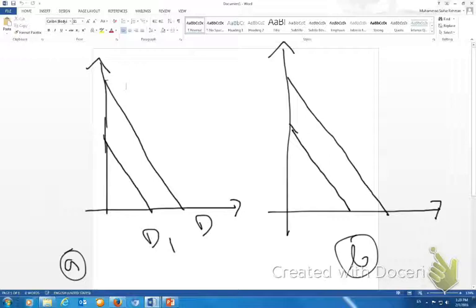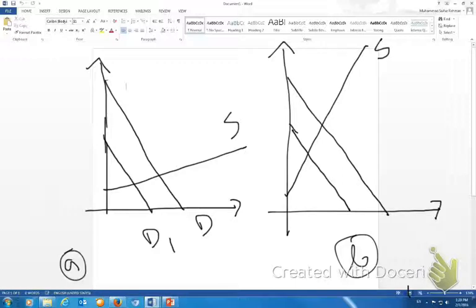In the first case, we are going to assume the supply curve to be very elastic. So this is my supply curve, and in case number 2, we are going to assume my supply curve to be very inelastic, at least more inelastic than in case 1. So this is S and S.